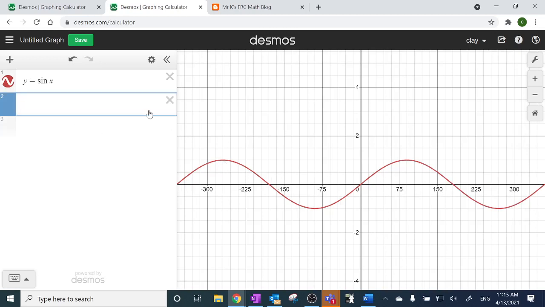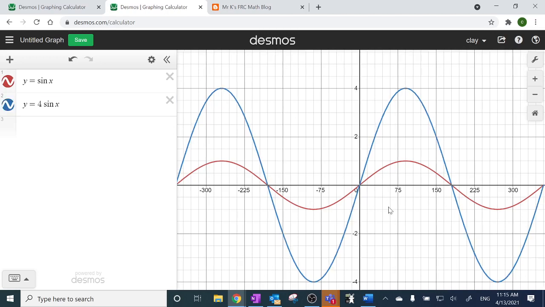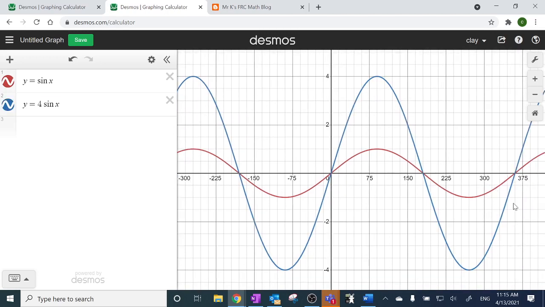So what was number 4 again? I think you're graphing y equals 4 times sine x. There we go. Notice what changed about it? Did its x-axis values change? Nope. Still 360, 180, and 0. It just stretched. So you're going to have to get some practice doing those.